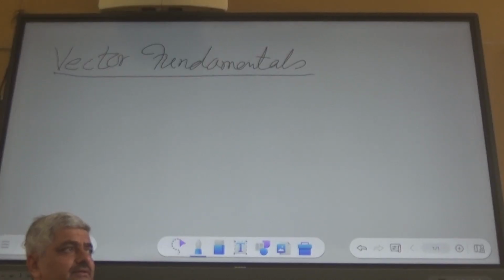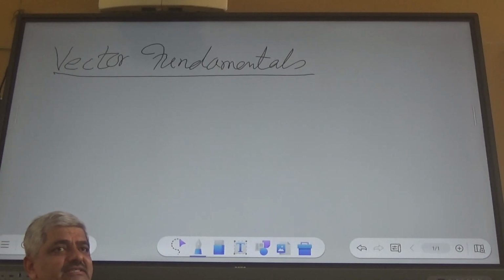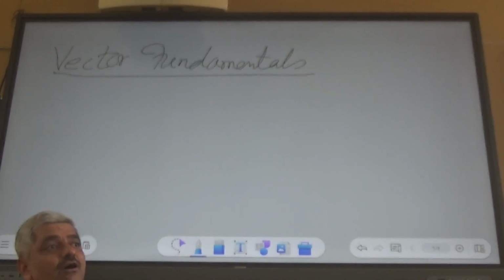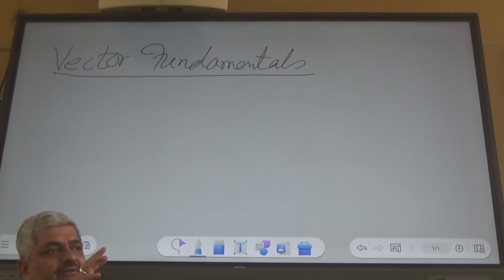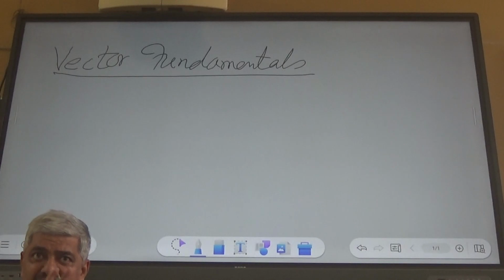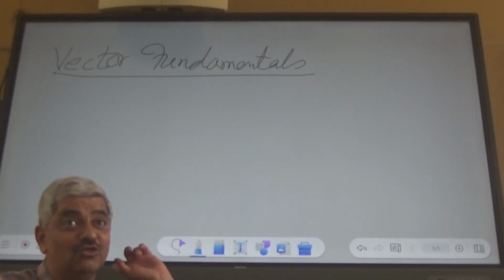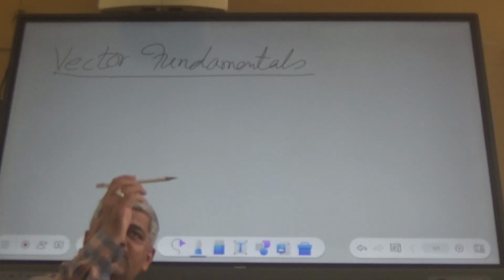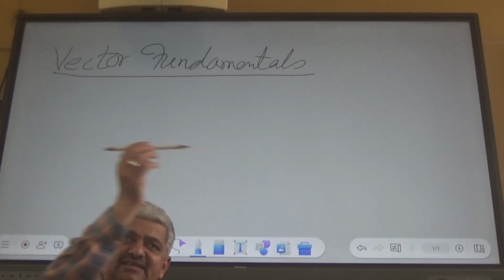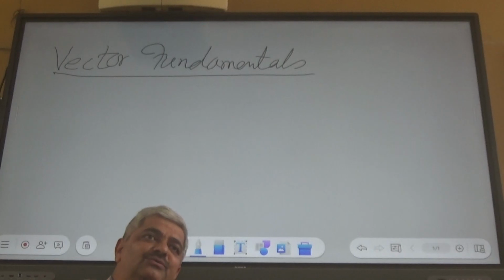So can we think of a mathematical world in which the negative number concept is not there? Are you getting me? Negative number concept is not there. So how will you provide the concept of a vector on one line, the x-axis let us say, as my world? How will you talk about a vector on that x-axis?